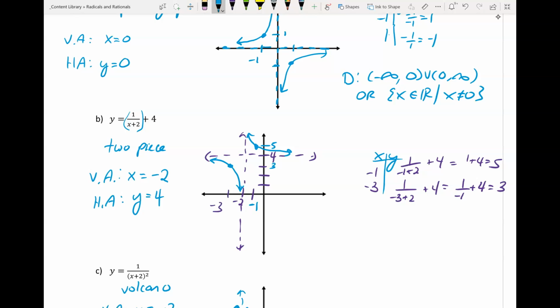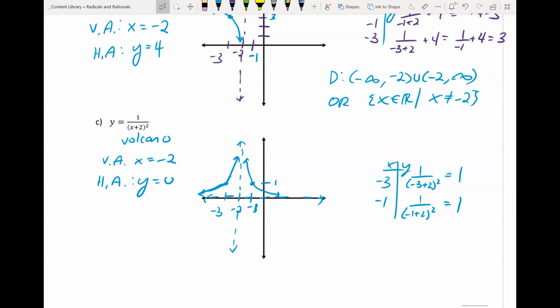For B, our VA is at -2, so our domain then would be -infinity to -2 and -2 to infinity. Or you can say x is an element of the reals such that x can't be -2.